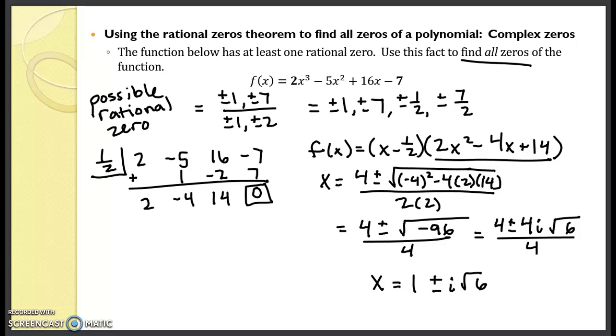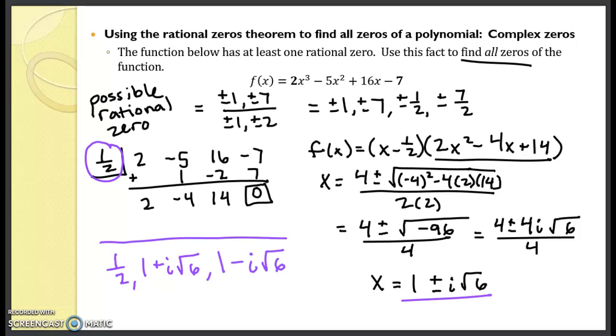Well, our zeros are 1/2, which we found here, and then 1 plus i square root 6, and 1 minus i square root 6. And there's our answer. We found all of the zeros of this function.